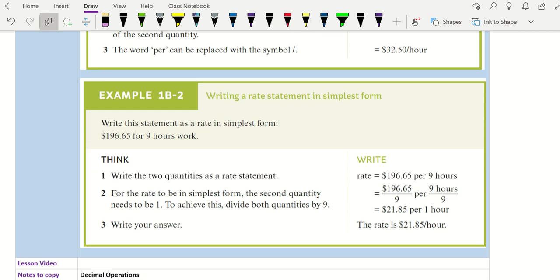The next one is to simplify a rate statement. So this time we're saying write the statement in the simplest form: $196.65 in 9 hours work. So we can do this again. 196.65, there's our decimals. Now I can say divided by 9 hours.